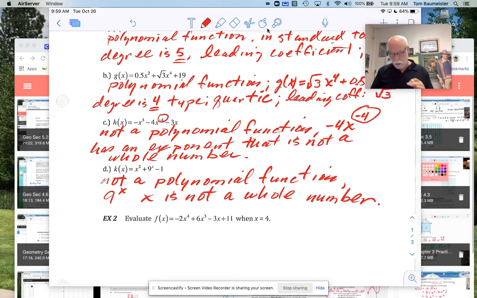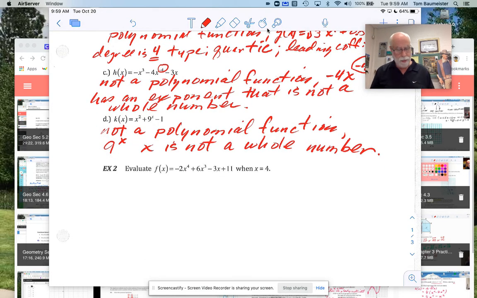Okay, so evaluate means just plugging in. So it says evaluate f of x is equal to negative 2x to the 4th plus 6x cubed minus 3x plus 11 when x is equal to 4. So again, they're saying x is equal to 4. So wherever I see x, I'm replacing it with 4.